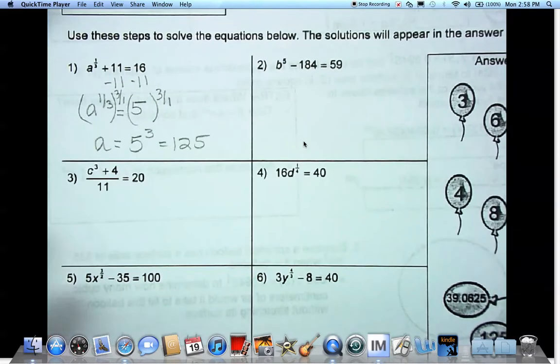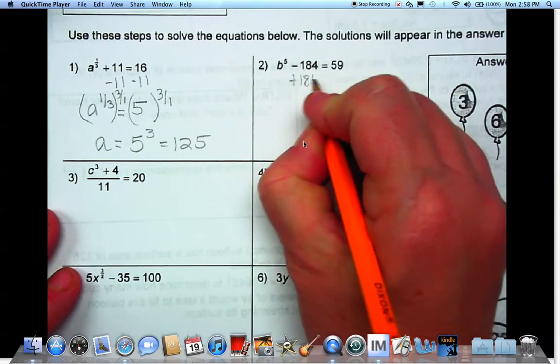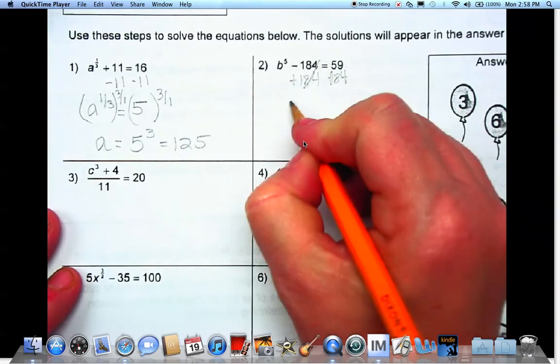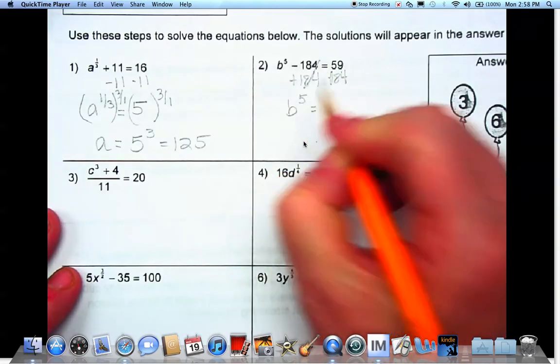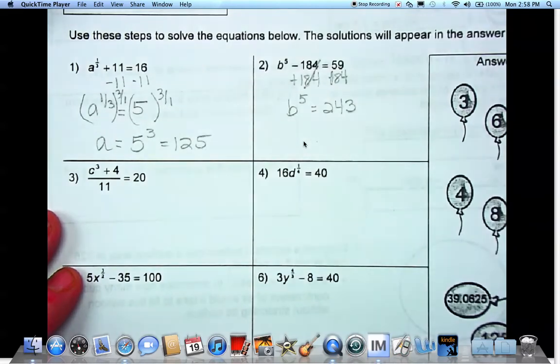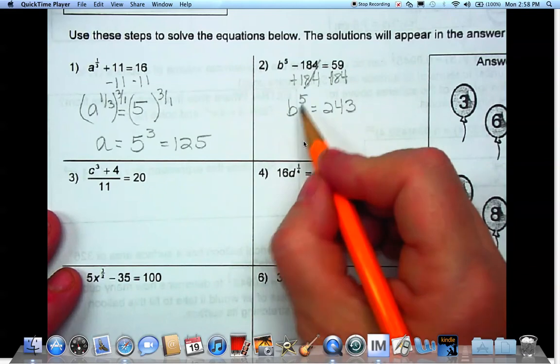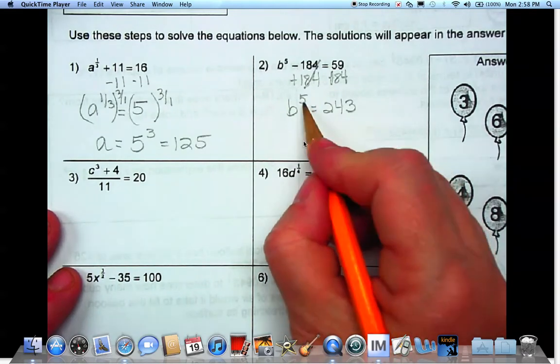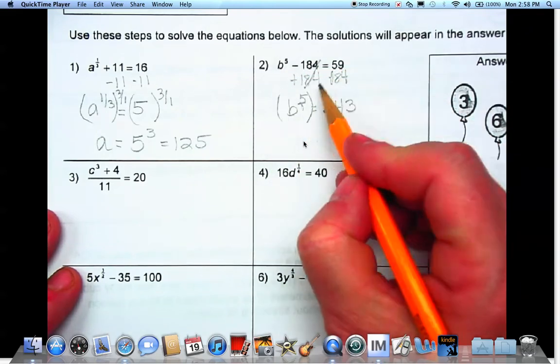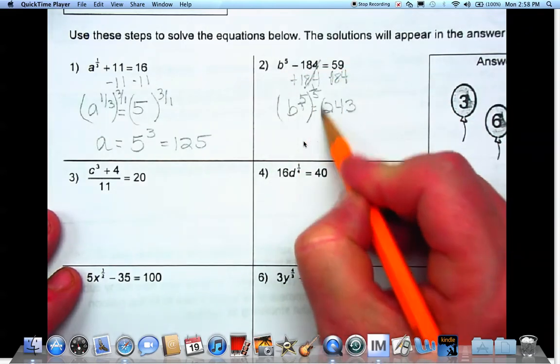Okay. How about 2? What would you do first on 2? Add 184. So b to the 5th equals 243. This is a little trickier. Is 5 a fraction? Can we make it a fraction? 5 over 1. So then we can raise it to what? 1/5.